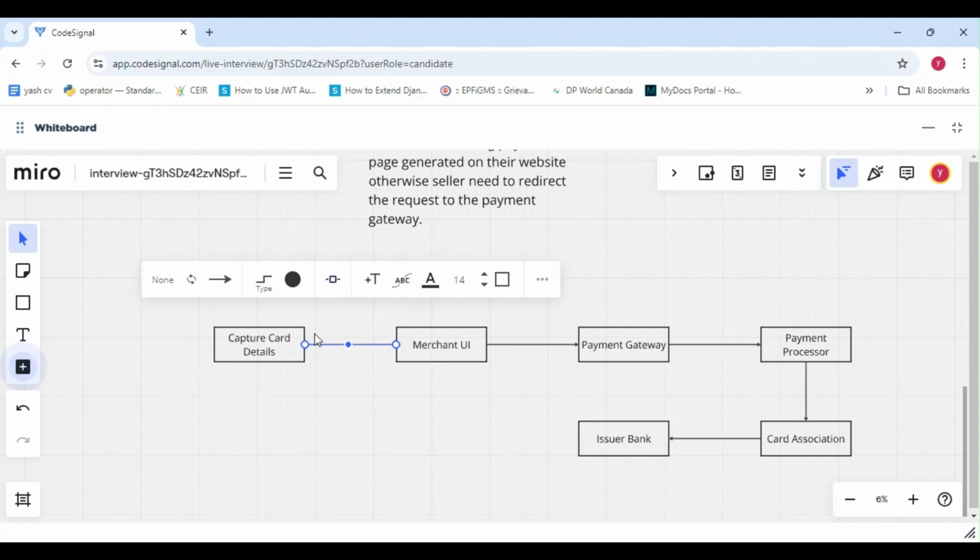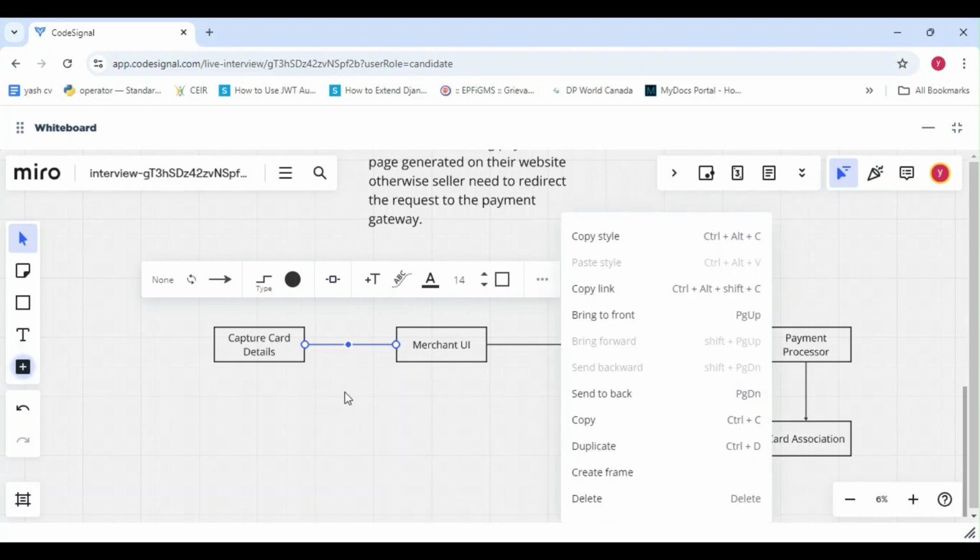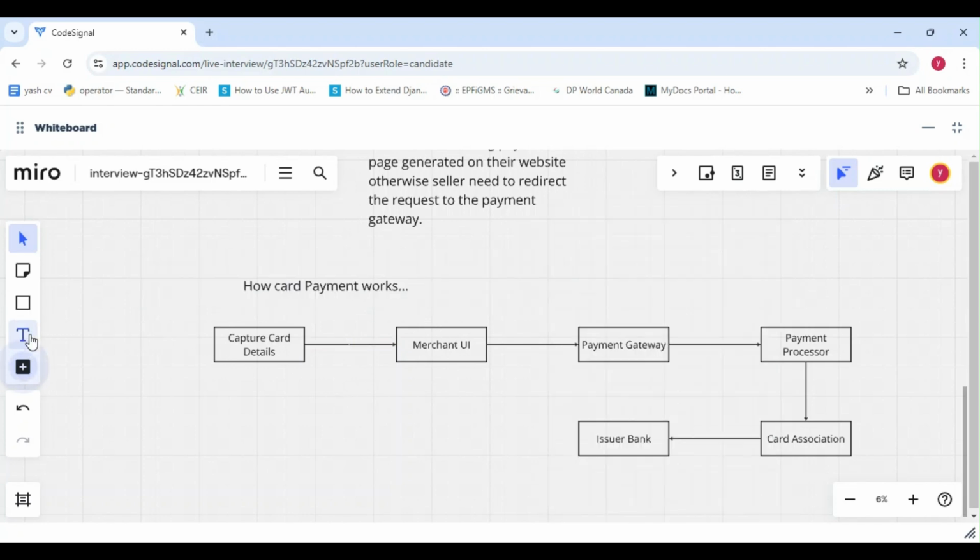Okay, the numbering option is not coming, so let me write the numbering from here. So this is first. Then this is the second step.